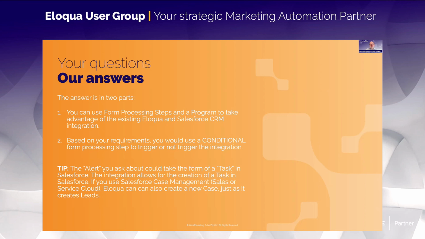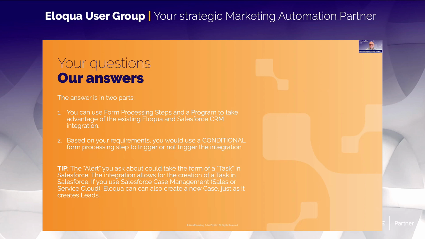You can create an activity which can then be assigned using the CRM logic to do the assignment of that particular lead and the activity that's associated with it. But based on the requirements, if you wanted to get a little bit more specific, then you could start to use the conditional form processing steps. So you may have somebody complete the form who is already a known entity to you, or it could be a net new individual.